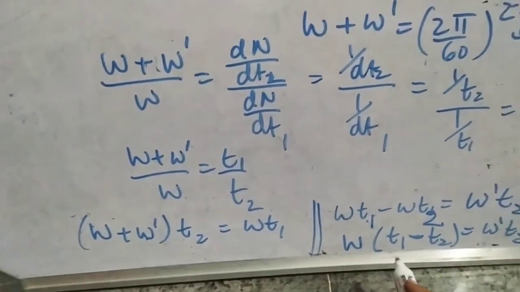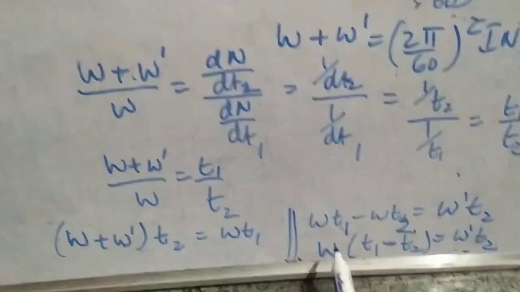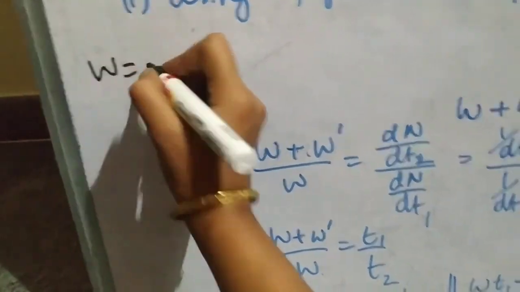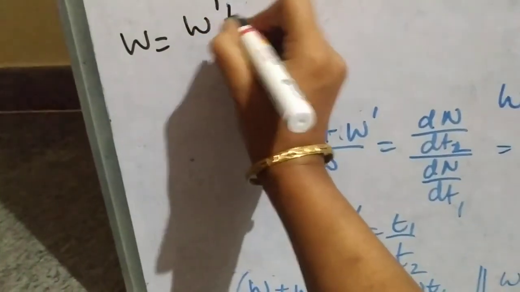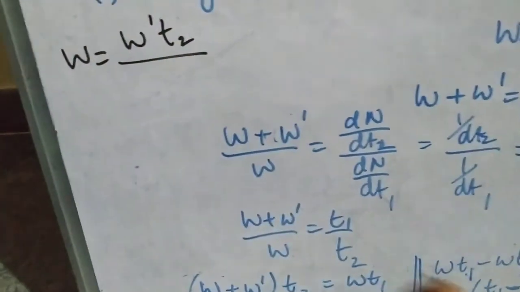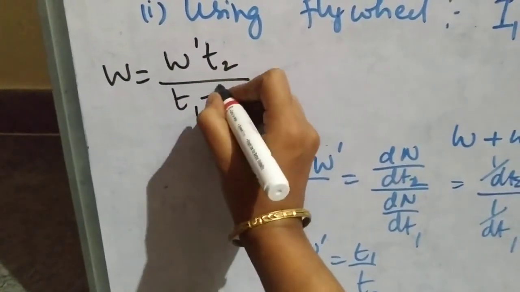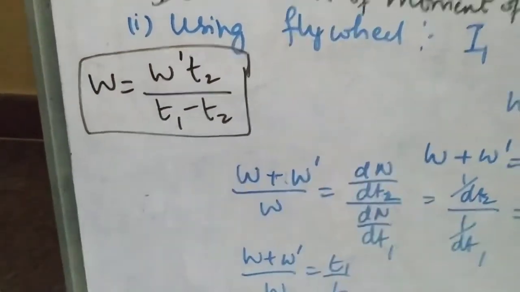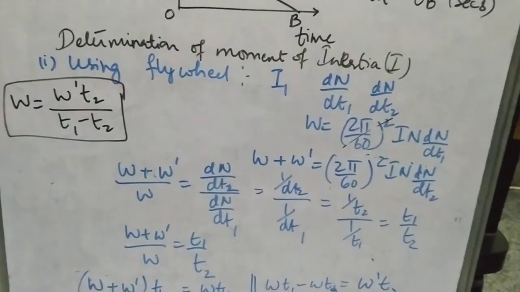Therefore W is equal to W dash into T2 divided by T1 minus T2.